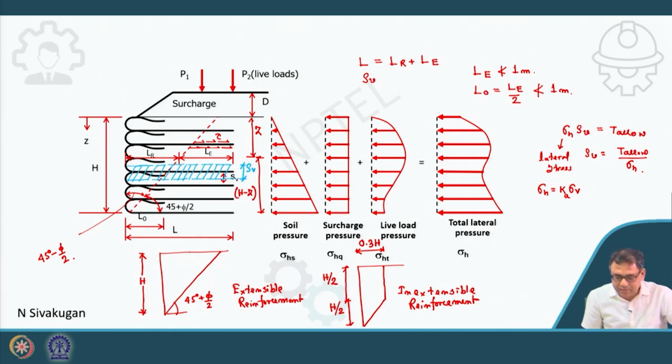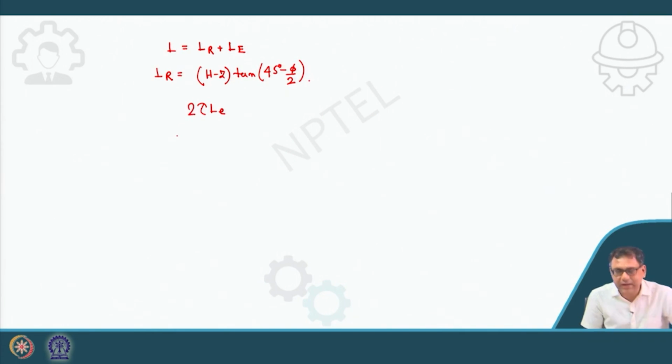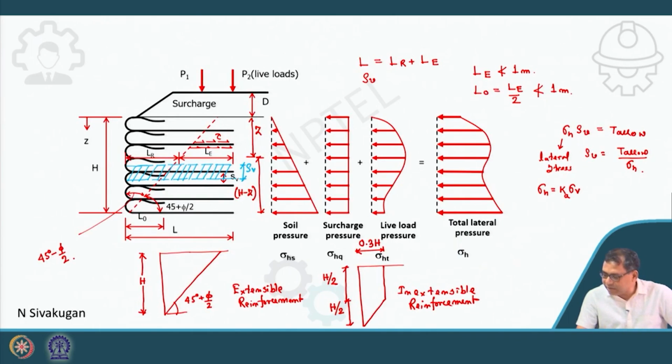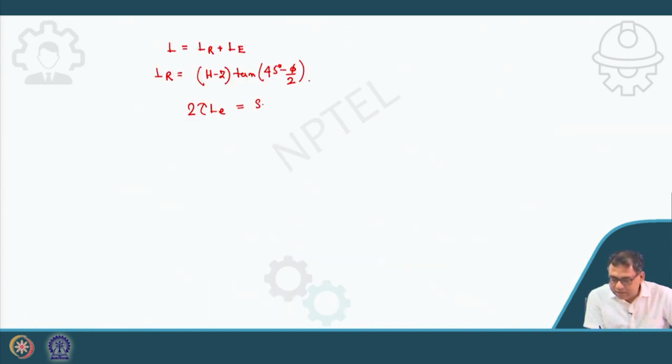So, I can write 2 into tau LE, that is the resistance against the tension, that will be equal to T allowable. And T allowable, I have already written, is SB into sigma h. So, this is SB into sigma h, because that is equal to T allowable. Clear?